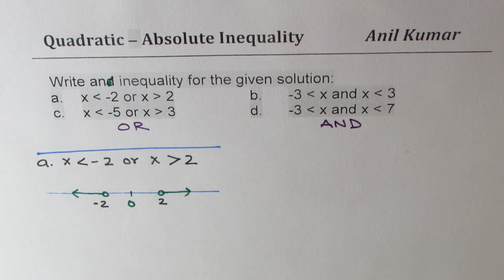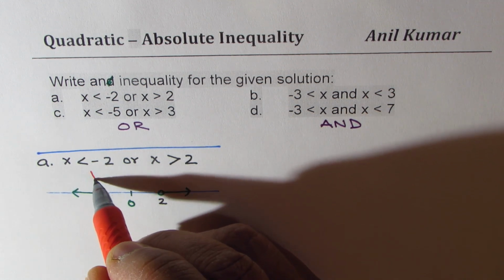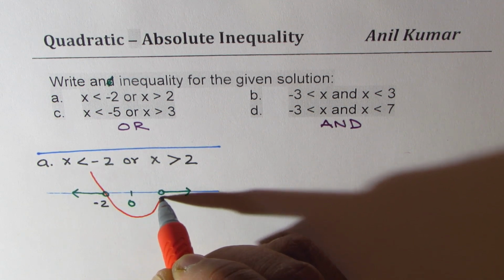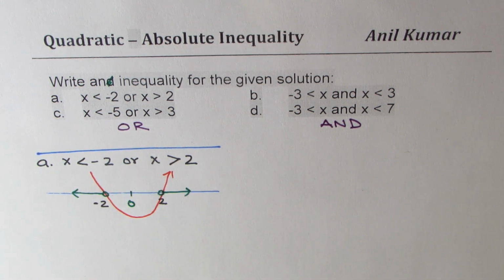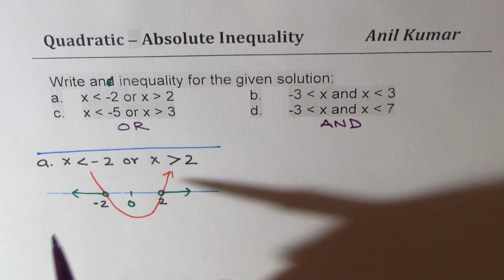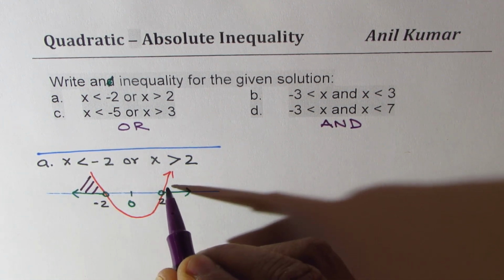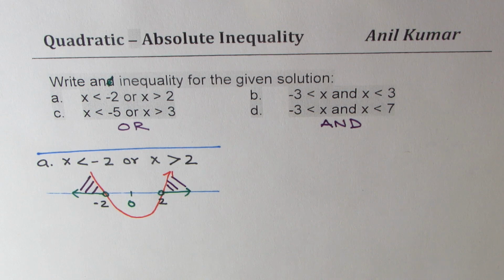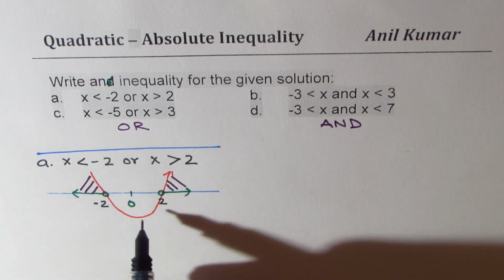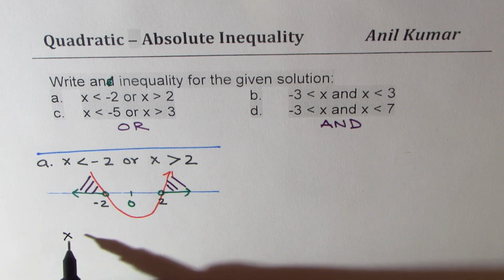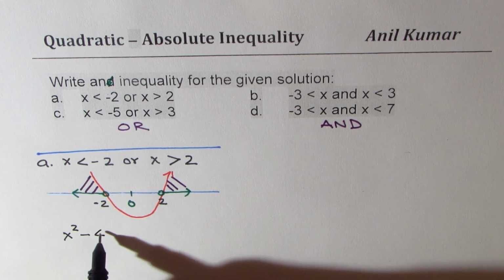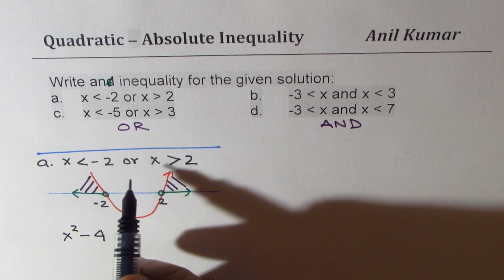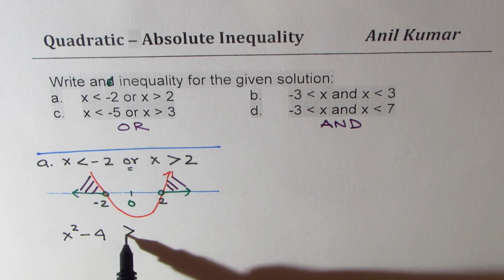We have to write an equation, rather an inequality, whose solution will be this. So as you can see, a very simple solution could be a parabola, which could be like this, and whose solution will be on this side, right? That means I could write an equation which is, let us say, x squared minus 4, and since it is OR, it has to be greater than 0.